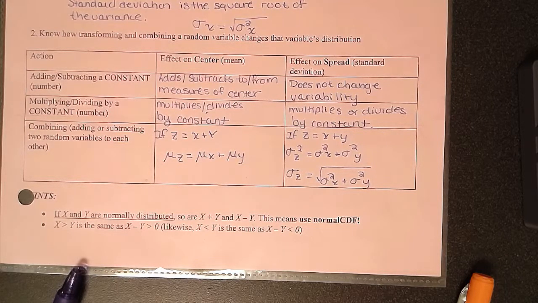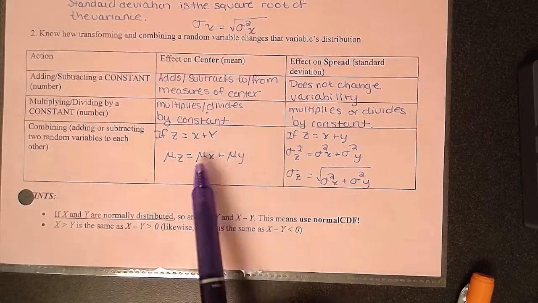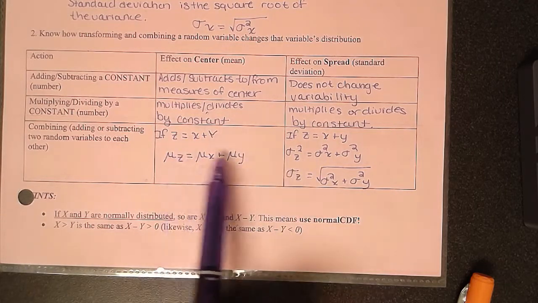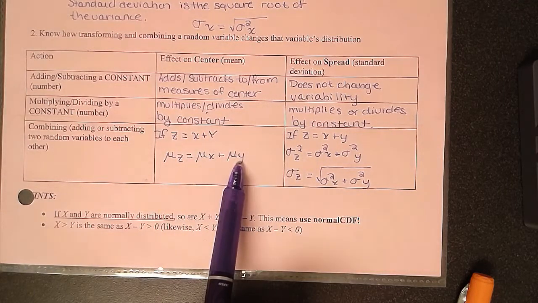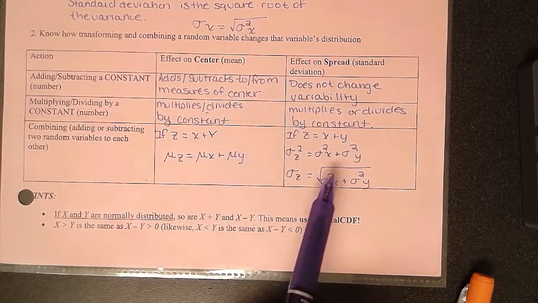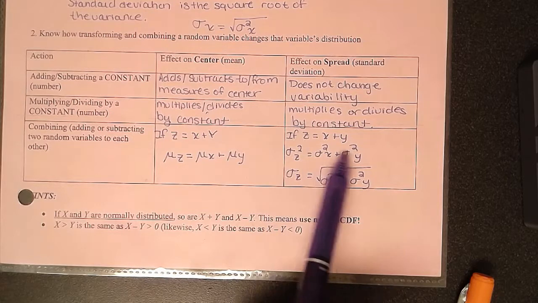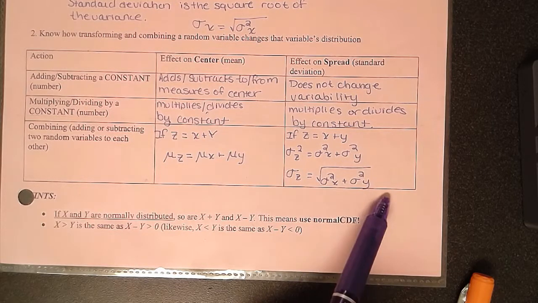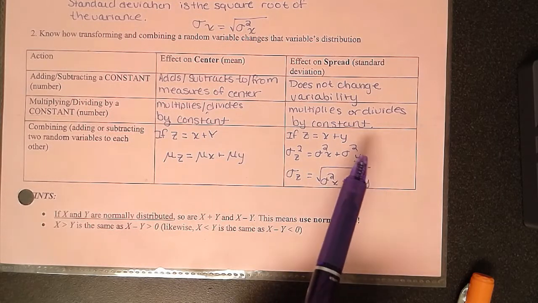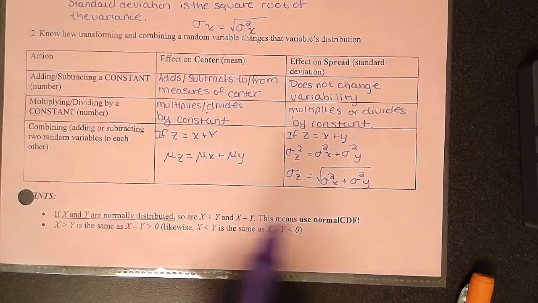Multiplying and dividing by a constant affects the measure of center, and it also affects the measure of spread. Okay? Also remember these sums: when you're adding two means together, this is what you do, but when you're adding the standard deviations, be careful. You have to take the variance, add them together, and then take the square root. Otherwise, you're going to get it wrong.